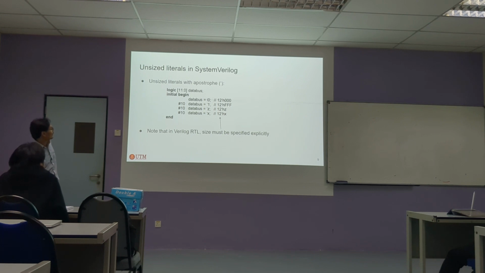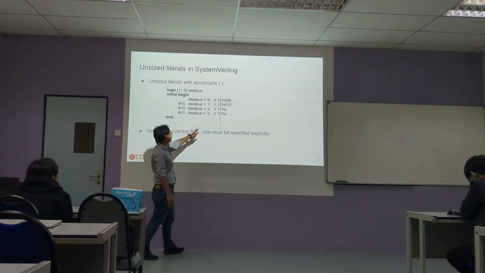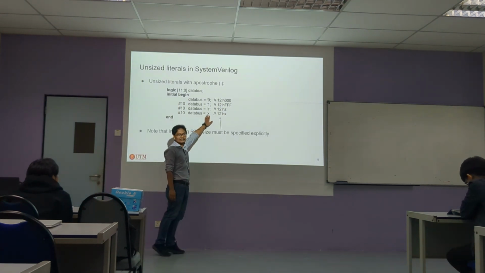Which means that we want all the bits in the data bus, which is 12-bit, to be 0. In Verilog, you have to specify this 12. If you do it like this in Verilog, probably you get a compilation error or synthesis error. So you need to save as .sv, then only you can use this.